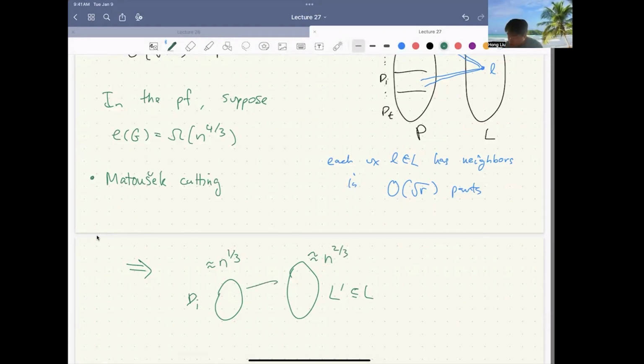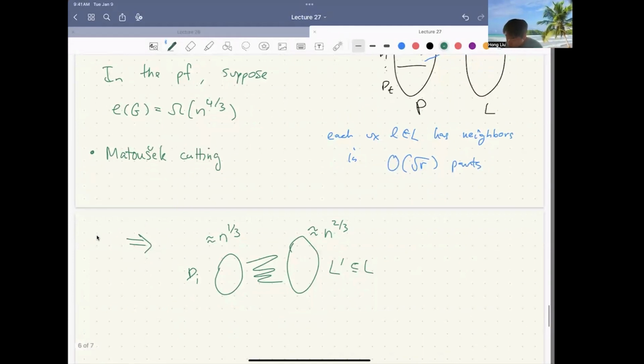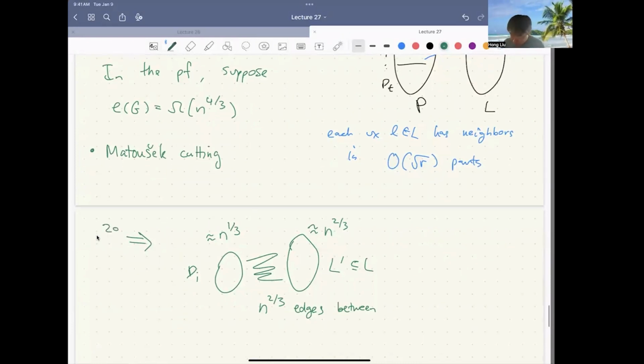And the number of edges, incidences, in between is n to the 2/3. We can use this Matoušek's cutting to zoom into these parts.